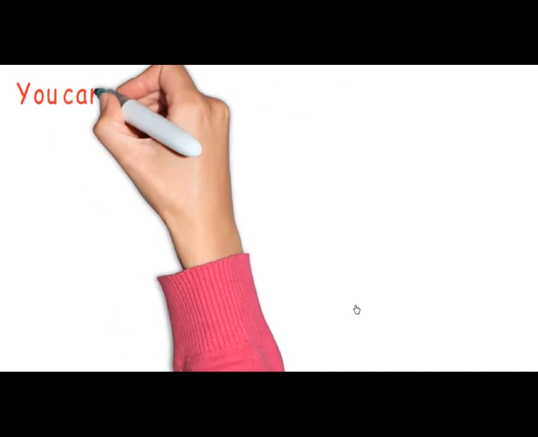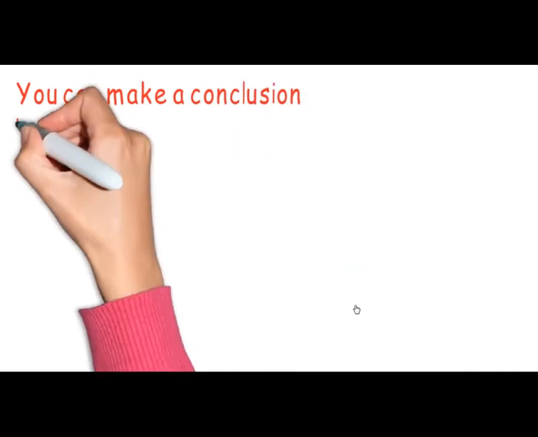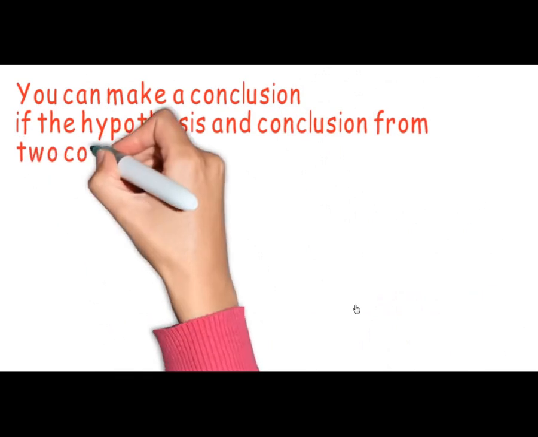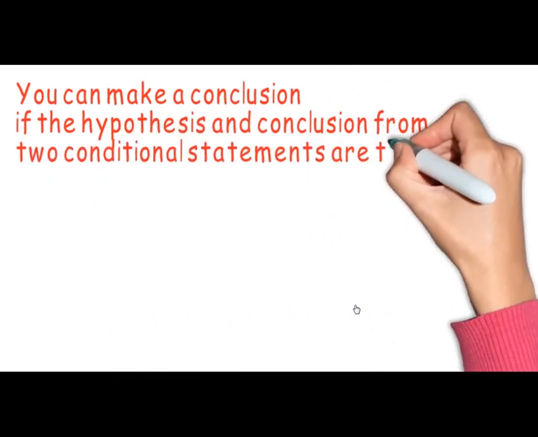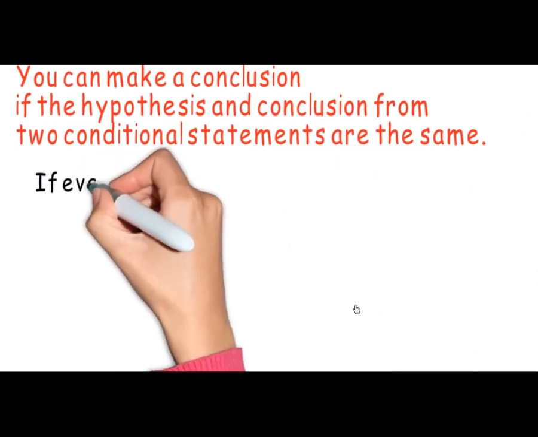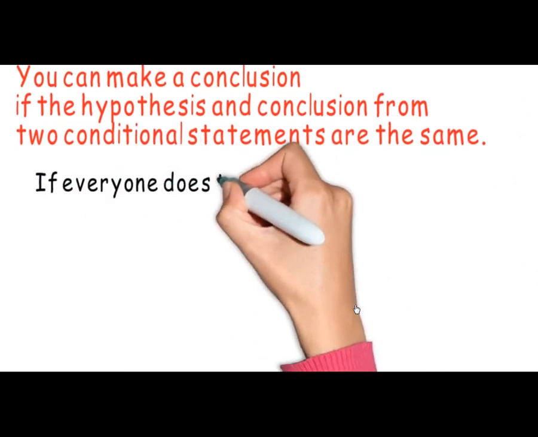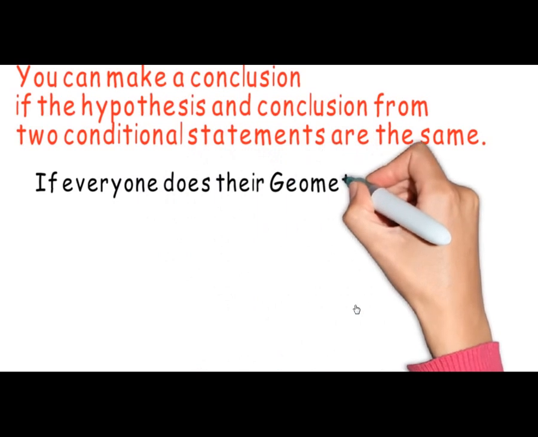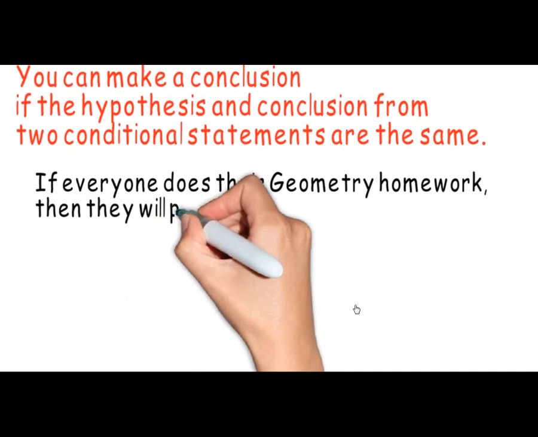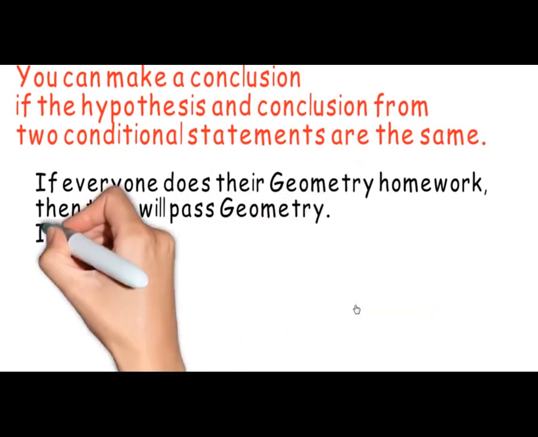Now let's look at the law of syllogism. It says you can make a conclusion if the hypothesis and conclusion from 2 conditional statements are the same. Let's look at an example, which will make a lot more sense. Let's say we're given a statement. If everyone does their geometry homework, then they will pass geometry.